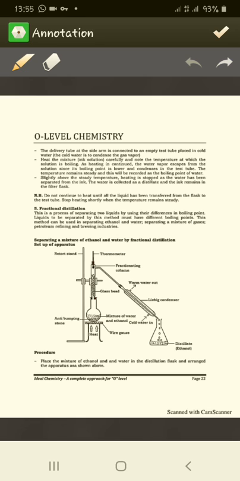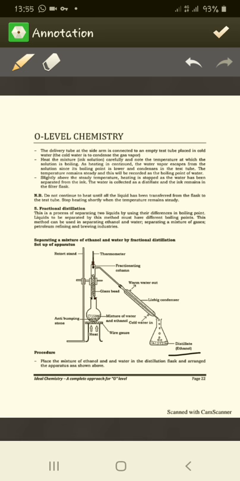Now here, we have a mixture of two liquids, which are ethanol and water. The one that has a lower boiling point is the one whose vapor comes off fast, and it is the one that is collected as a distillate.